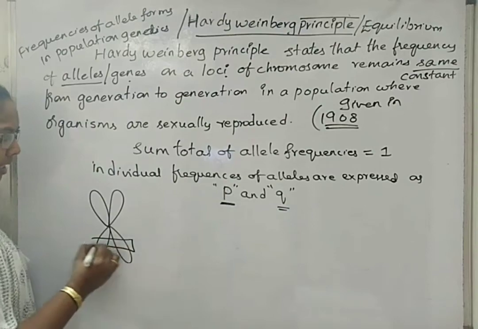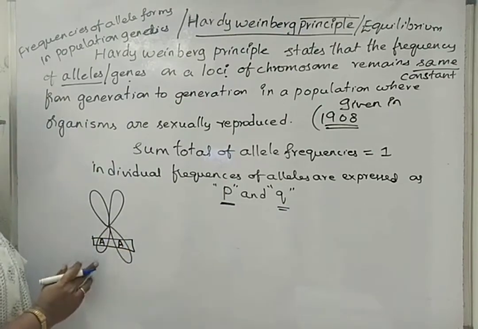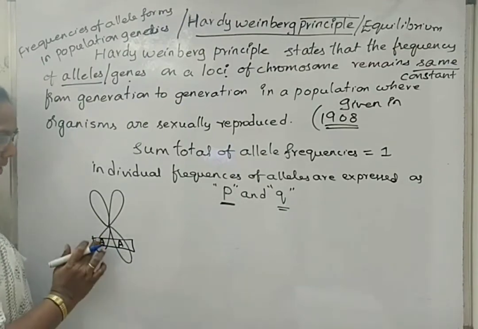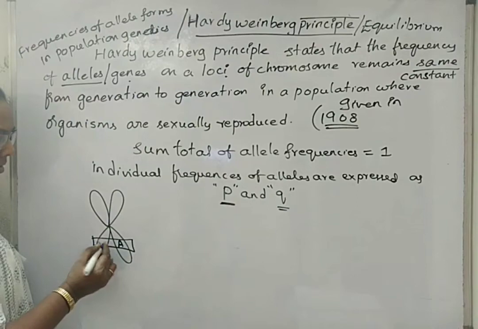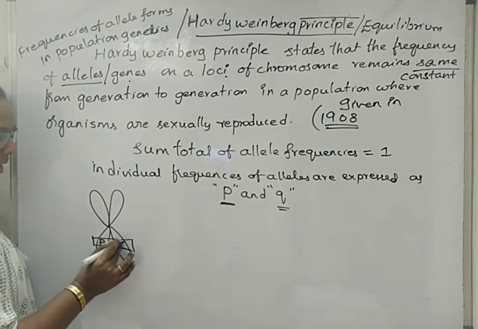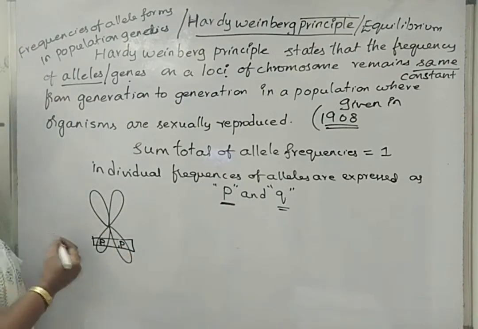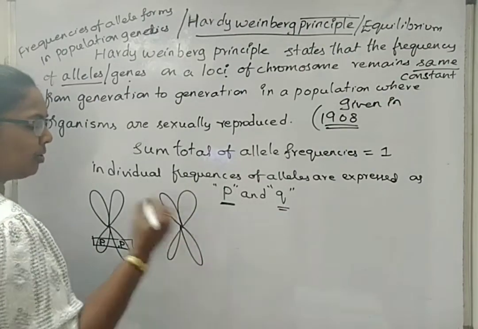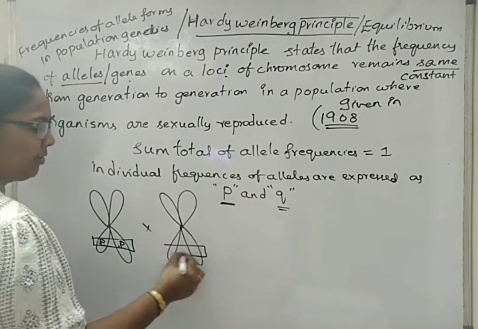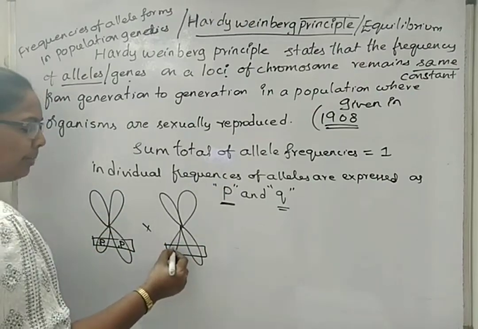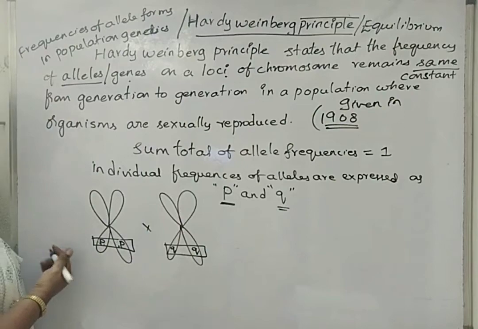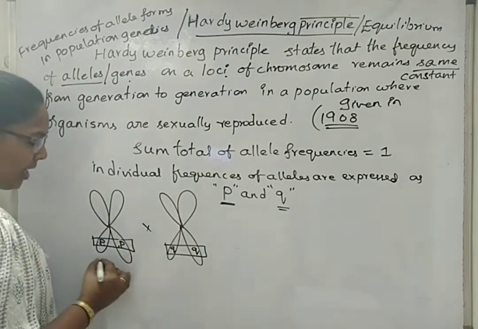If you take the parents, let's take this as a locus, and here is a dominant allele pair, capital A, which I am writing here. We can also take it as capital P and capital P. This is crossed with the homologous pair of chromosome, which has the allele pair small q and small q. We can take both as parents.